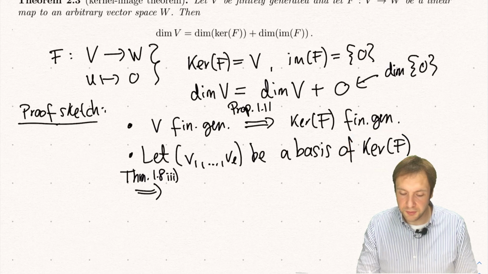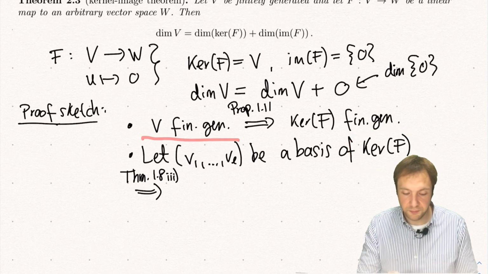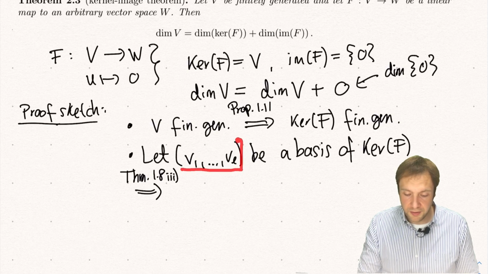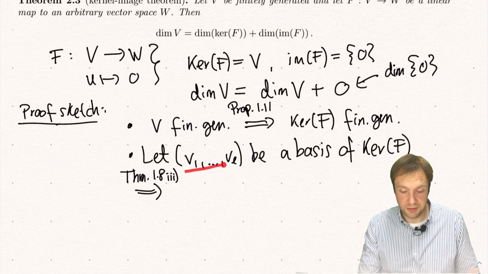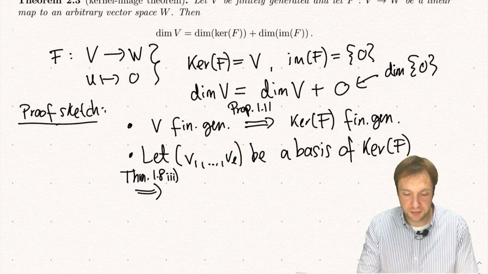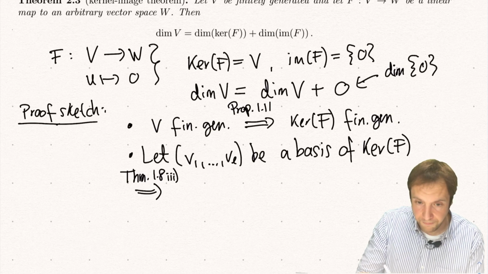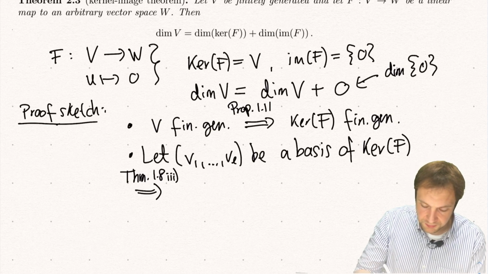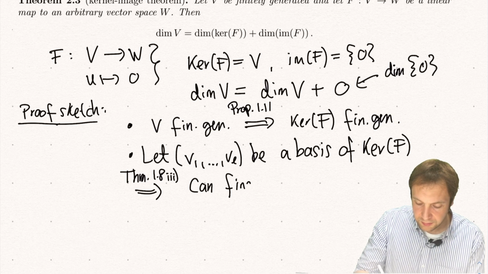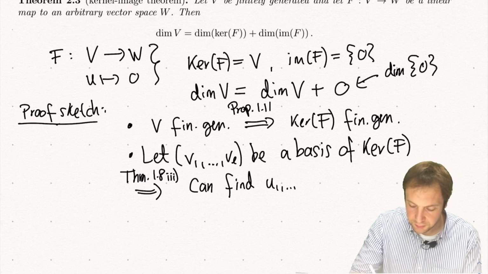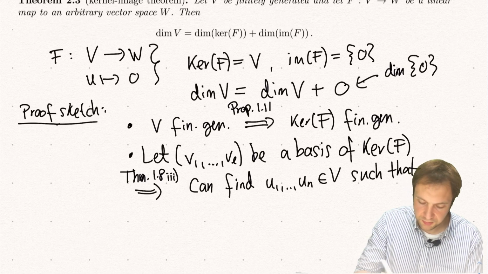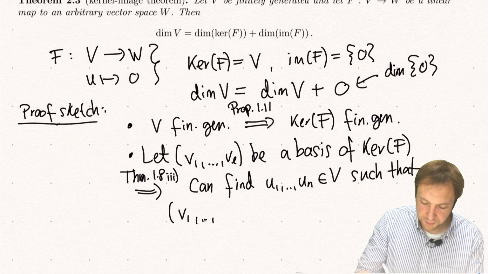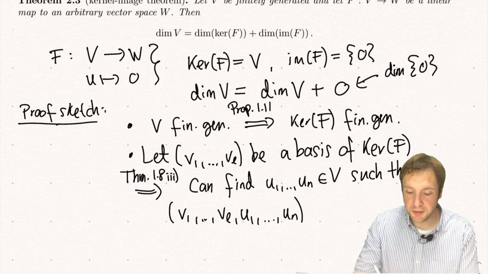The kernel of f is a subspace of V, and therefore the basis of the kernel are linearly independent, and they are also elements in V. The statement is that I can find elements u1 up to un such that if I take the basis elements of the kernel and add these u's, this is a basis of the whole space V.